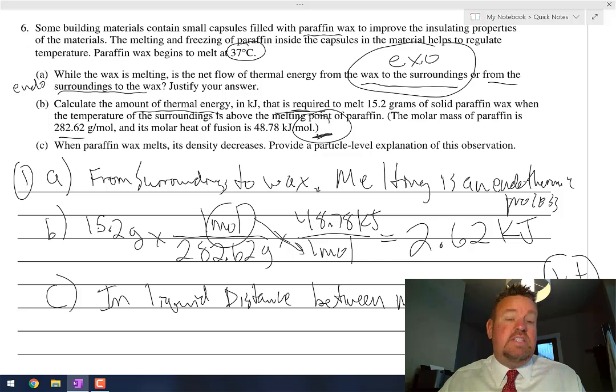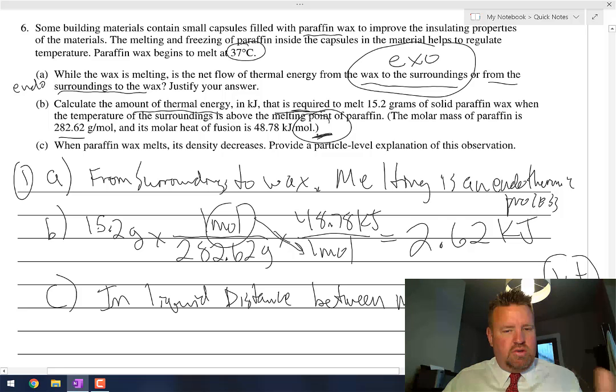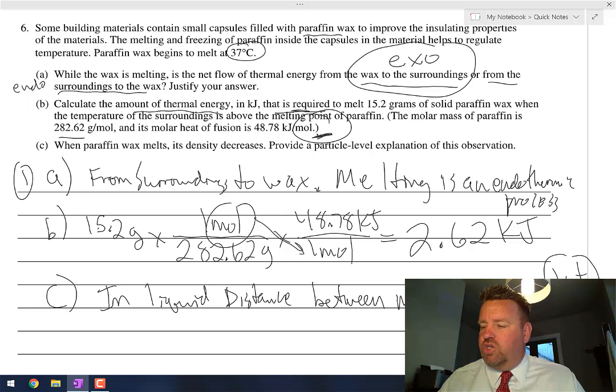Water is an exception to that. We know that ice floats because it's less dense because of the shape that water forms when it freezes. So 1 point for talking about how when something goes from a solid to a liquid, the molecules are farther apart from each other.